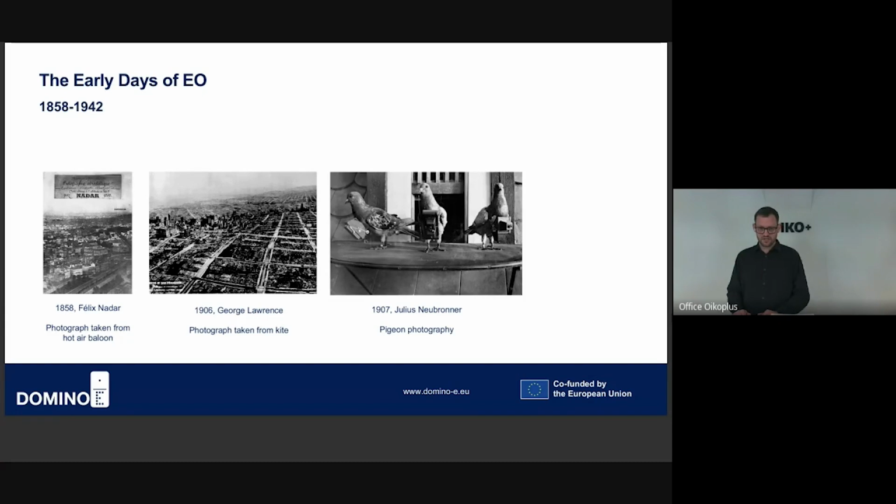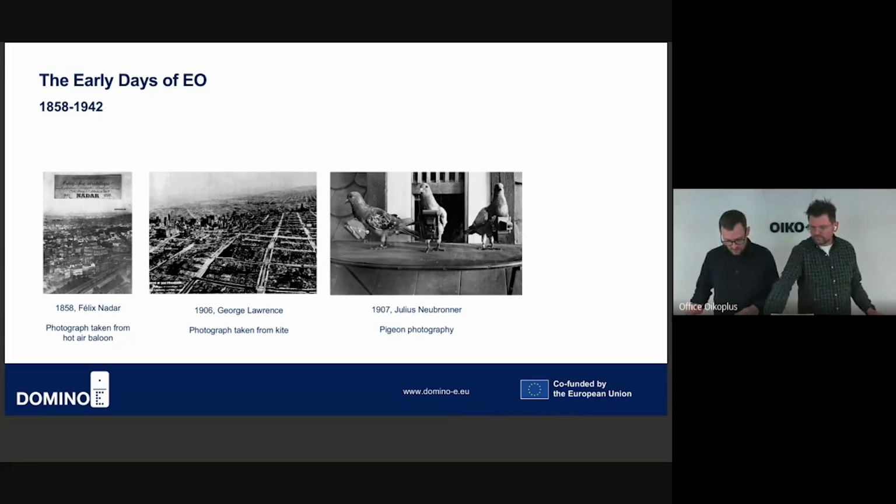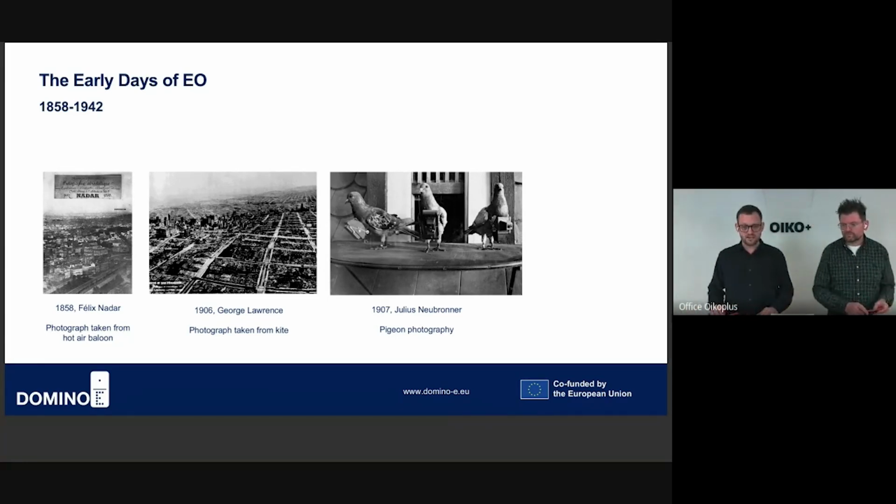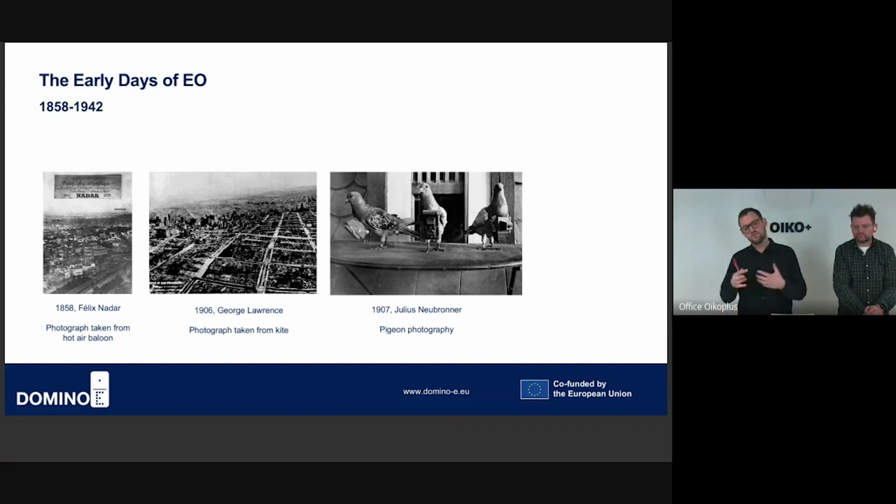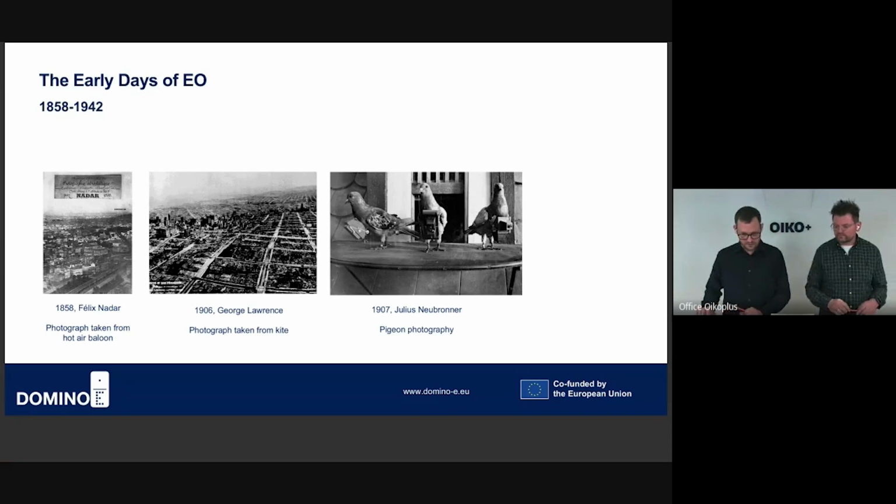This approach attracted military interest, especially during World War I, and it also highlighted a disruptive principle that still applies today, and that's autonomy. Autonomy in flight and autonomy in the movement of the birds, or later on then satellites.